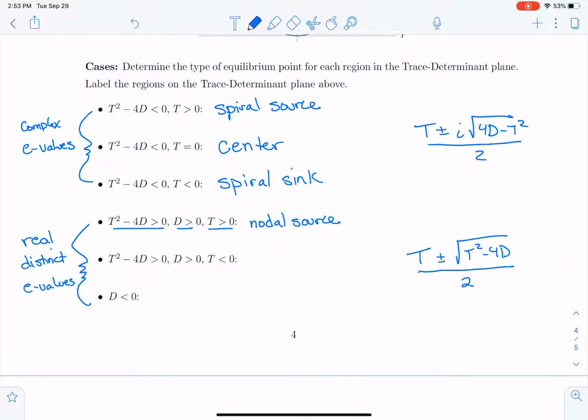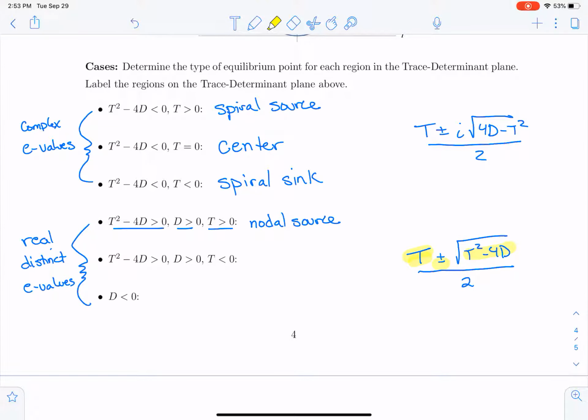You can see that because I'm going to take t, and add to it the square root of t squared minus 4d. And of course, that first one will be positive. But also, when I subtract the square root of t squared minus 4d, I will be subtracting something that is less than t.